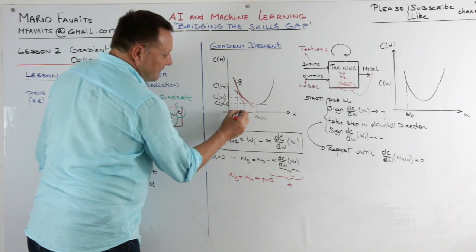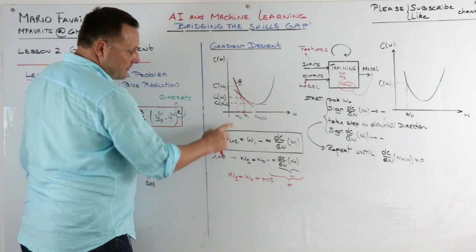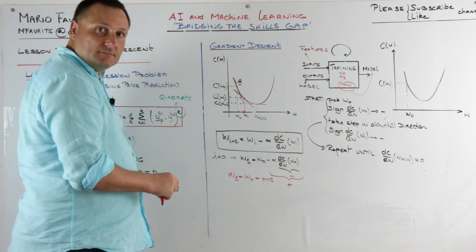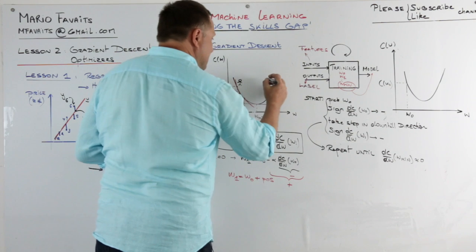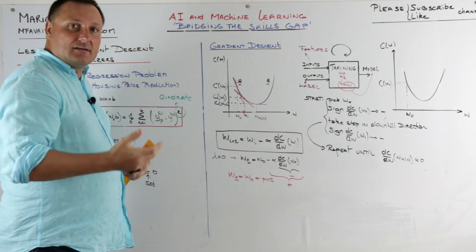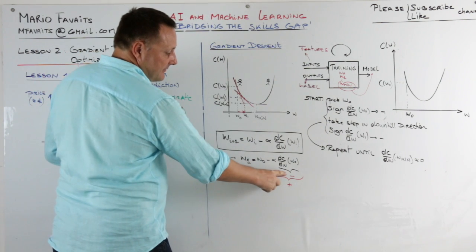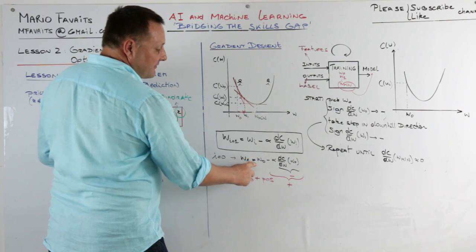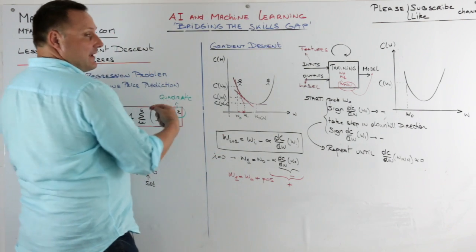And that's exactly what you see. So you go in that direction, because you're going to add something to W0 to get to W1. Now, if we would have started on this side, we would have gotten exactly the same solution. On this side, your derivative is going to be positive. And then with the minus here, it says W1 equals W0 minus something positive. Yeah? So that means you go in this direction.